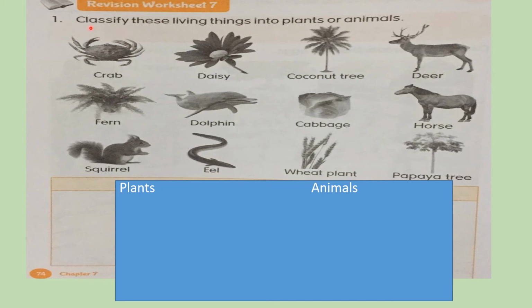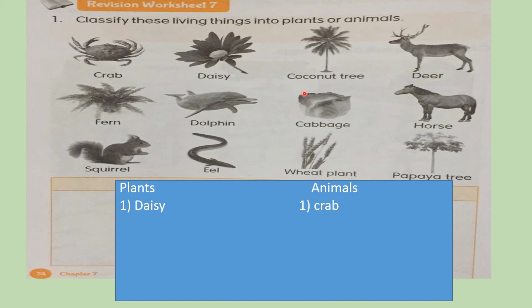Okay, it is said here on activity 1, classify these living things into plants or animals. Okay, we have here the crab and daisy. Crab, what is that? So as we can say, that is animal, and daisy is for the plants. Okay, how about coconut and deer?